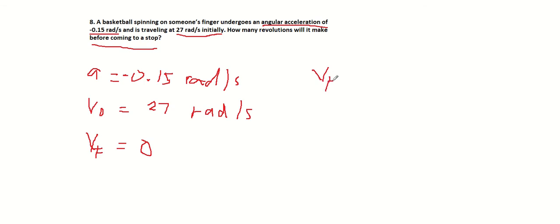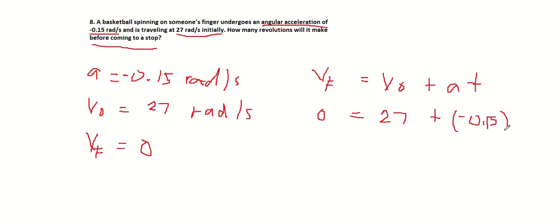V sub f is equal to v sub o plus acceleration times time. So using this formula, makukuha natin yung time. So v sub f natin is 0. V sub o natin is 27. Tapos acceleration natin is negative 0.15. Tapos time, yan yung wala natin.